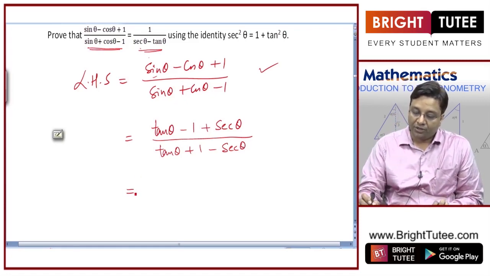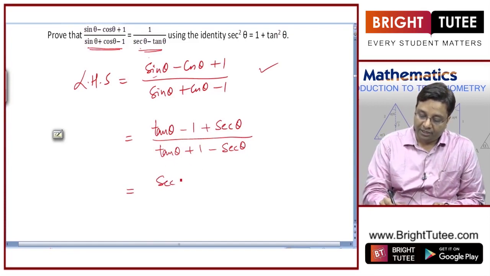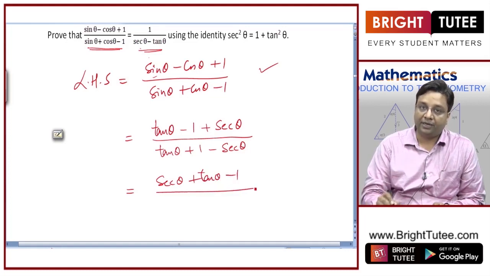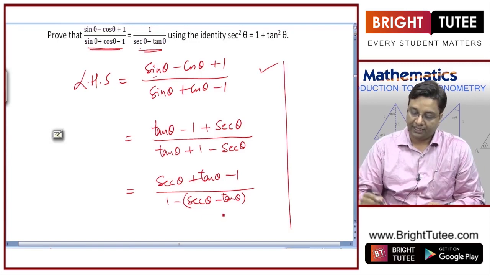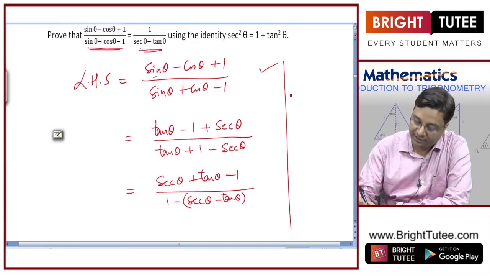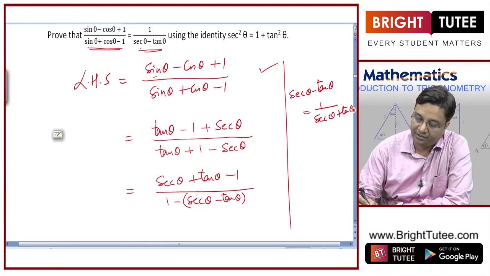Okay, so now what you can do is, I have already told you, secant theta plus tan theta minus 1 divided by, I can write this expression as 1 minus secant theta minus tan theta, right? And in the introduction we did that secant theta minus tan theta is equal to 1 by secant theta plus tan theta. Why?